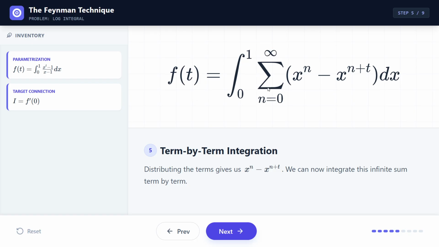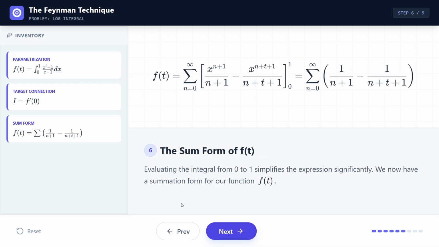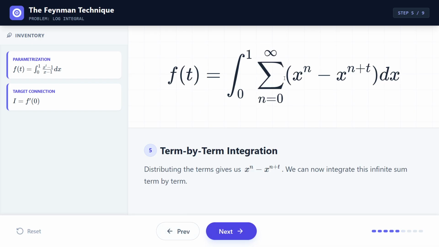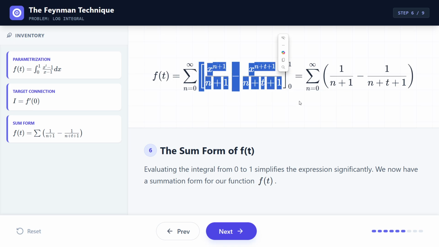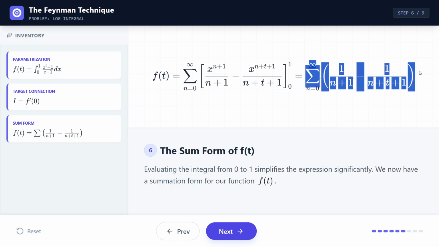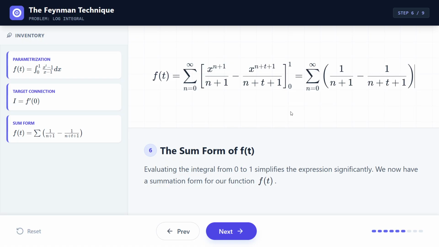If we switch these two symbols right here and we integrate this from 0 to 1, we get the antiderivatives from 0 to 1, which evaluate to exactly that. So there is f of t, but we don't care about f of t. We actually want f prime of t.